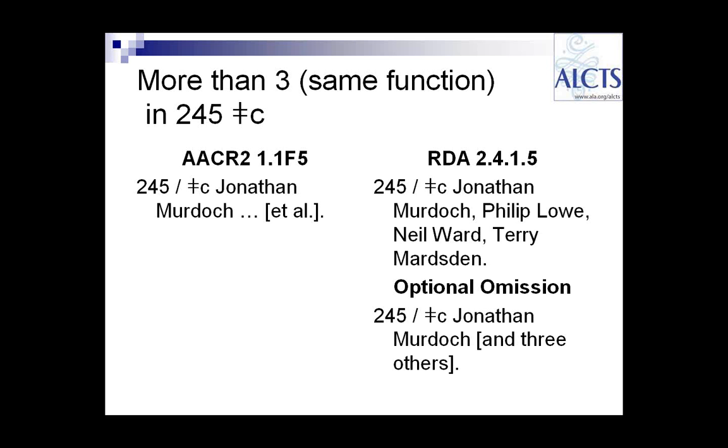Now, as for the preferred access point for RDA, the preferred access point for RDA is the first named author. In this case, of course, the main entry in AACR2 would be the title.